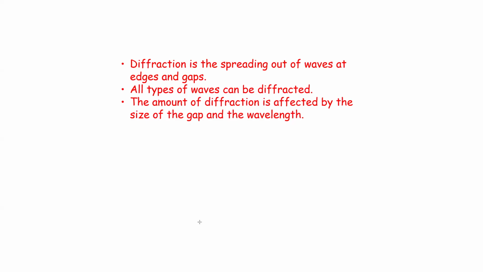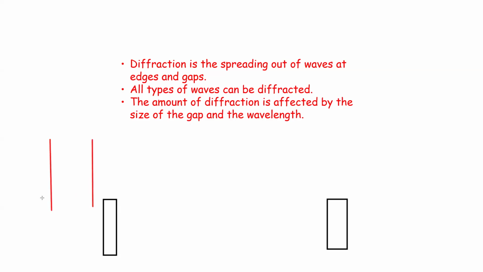Say these are the edges, and we have two wavelengths. One is a longer wavelength, meaning large space between the successive wavefronts, and we have a shorter wavelength.